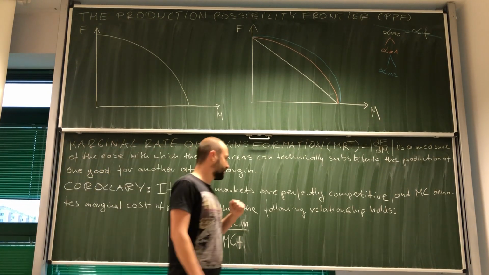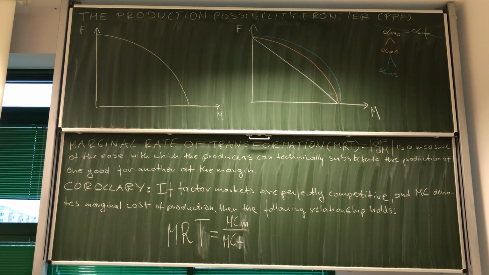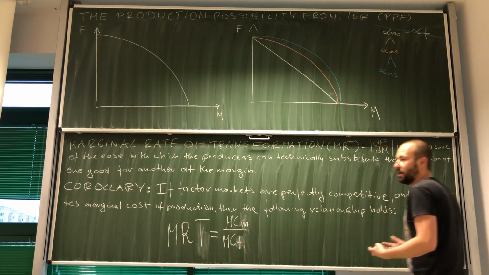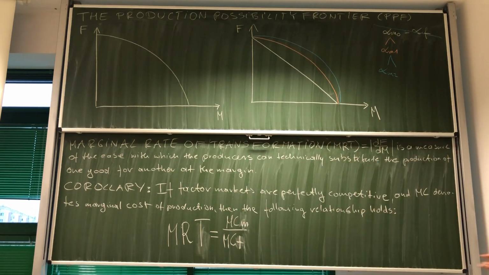So in this circumstance, we've got again a similarity with the customer's choice model, where customers are taking prices of the goods considered, so food and manufacturing, as a given.